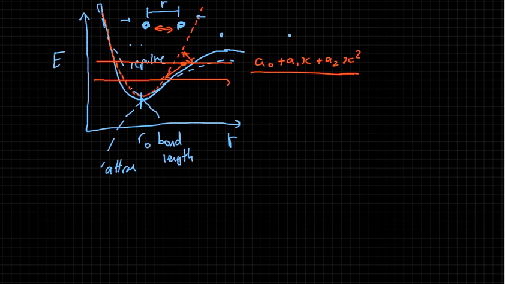We use it all the time in chemistry and also in physics to describe systems. And the more polynomial terms we add, we often will describe more phenomena. For example, if you were to add a third term, then you'd start to describe this petering off here.